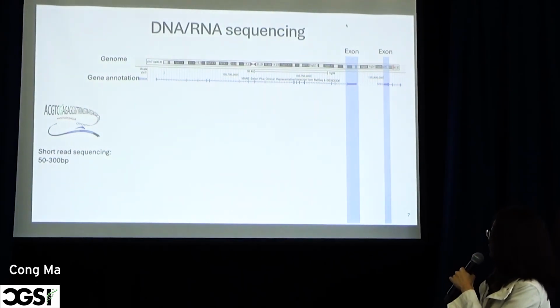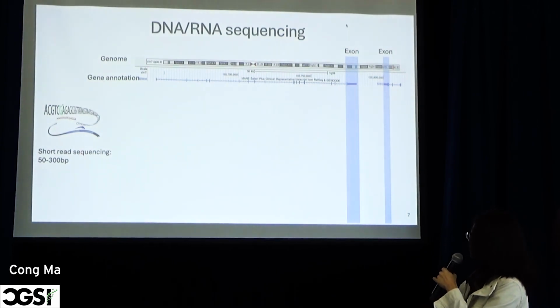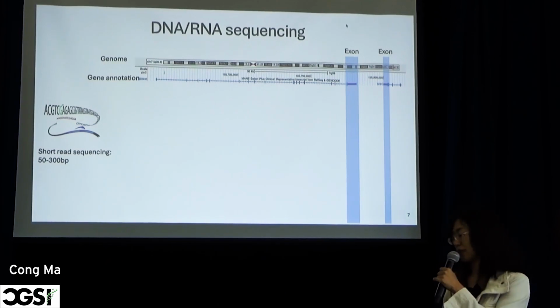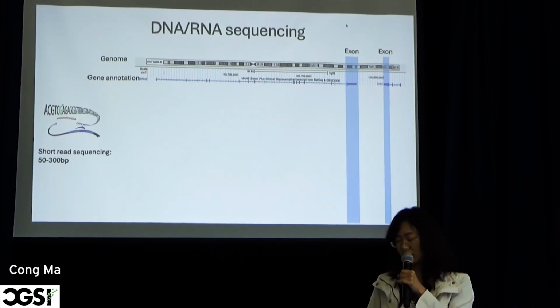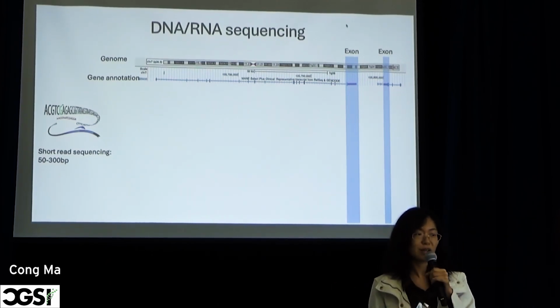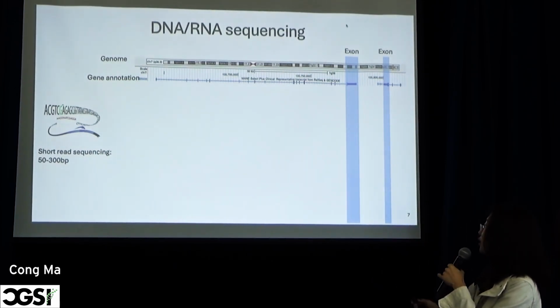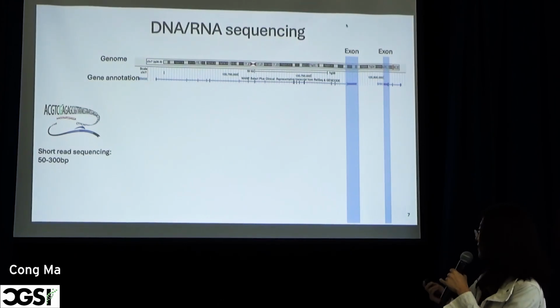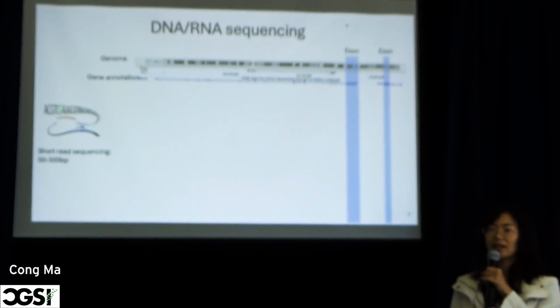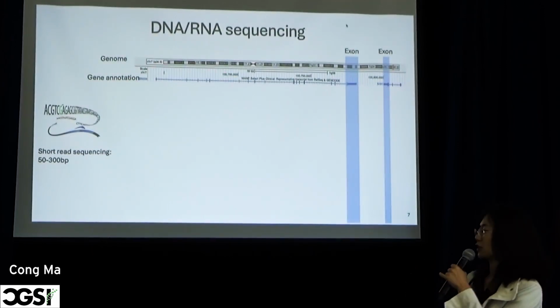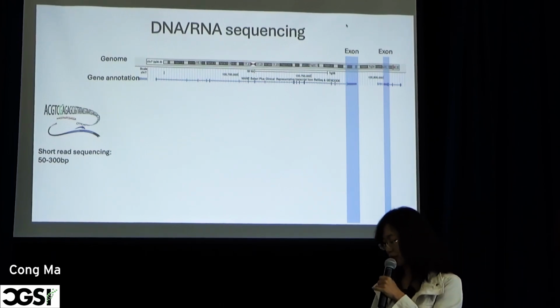Most previous data use short read sequencing, about 50 to 300 base pairs. Compared to our genome of 3 billion base pairs, it's a very short region. And so we need to sample a lot, tens of thousands or even millions of short reads, so that we get high coverage everywhere in our genome.